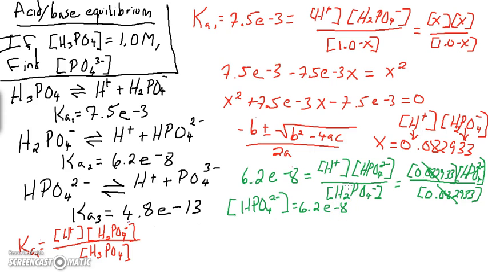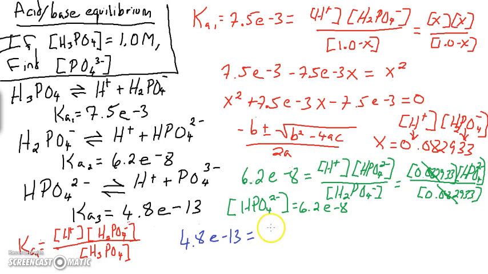Okay, we're almost done. One more step to go. We're going to use the last formula, the formula right over here, to figure out the concentration of the PO4 3 negative. So our last Ka, let's do it over here. We'll use actually a different color. Let's use blue. So our last Ka is equal to 4.8 E negative 13.